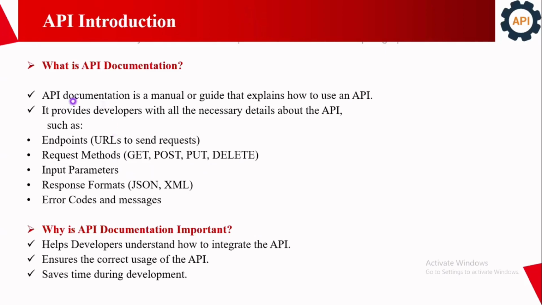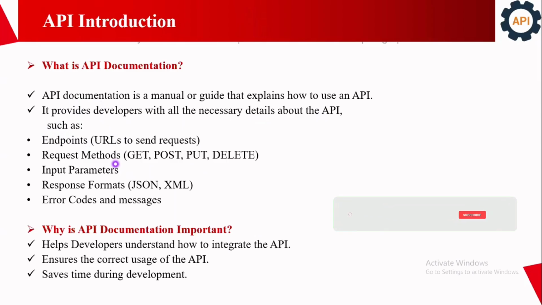API documentation plays a key role in understanding exactly what that API does. It provides the developer with the necessary details about the API, for example endpoints. If this is a GET API, then what is the endpoint of that API, or what is the endpoint of the POST request?